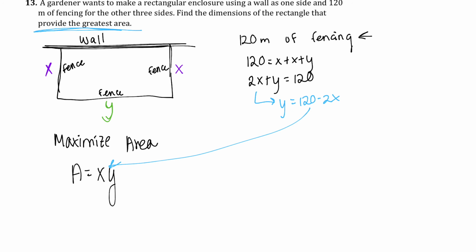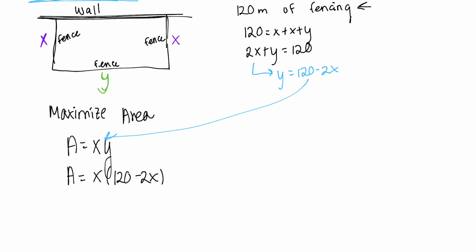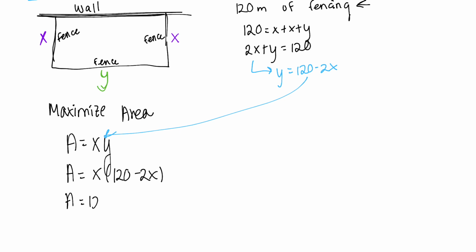So we have area is equal to x times 120 minus 2x. I'm just going to expand it. 120x minus 2x squared.